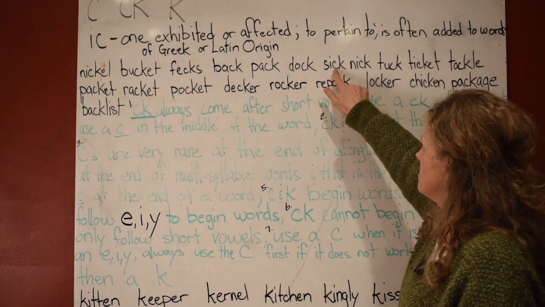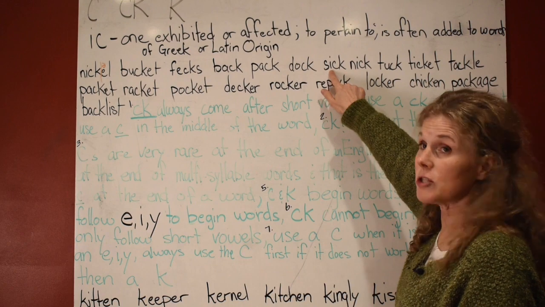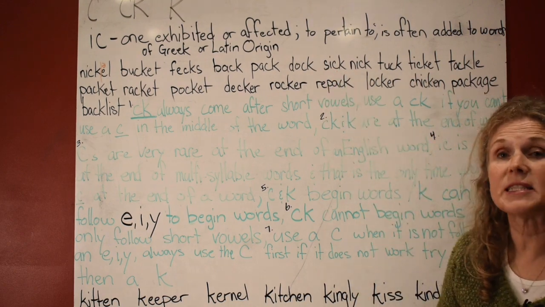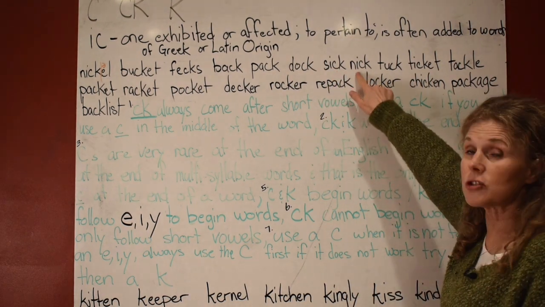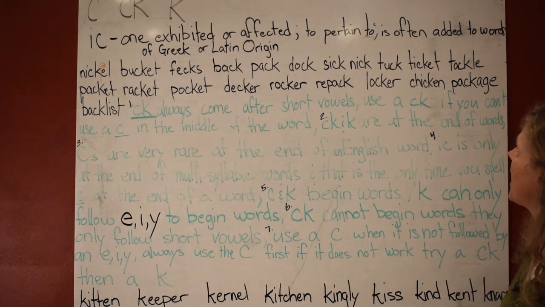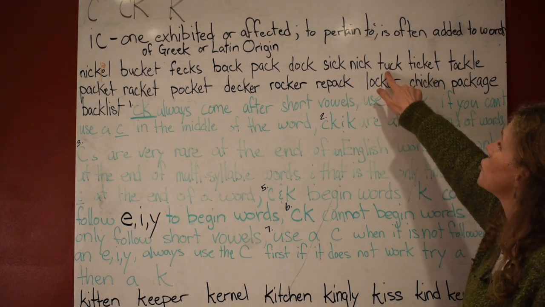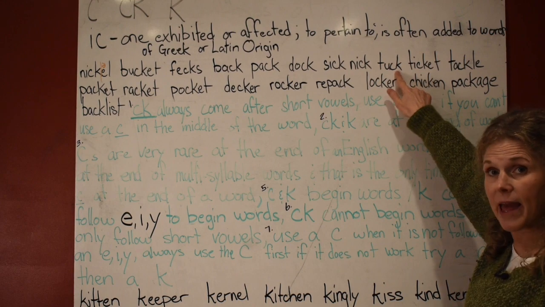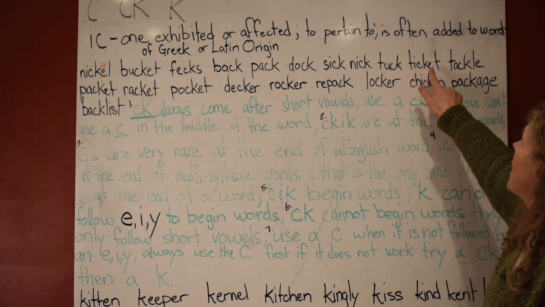Sick. This I is a short vowel, so we're going to finish it with a CK. Nick. This is a short vowel, so we finish it with a CK. Tuck. Short vowel, so it ends with a CK. Now, ticket.